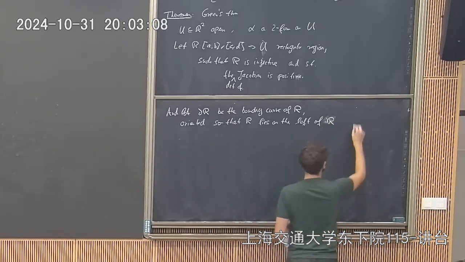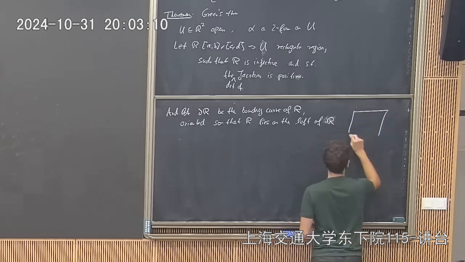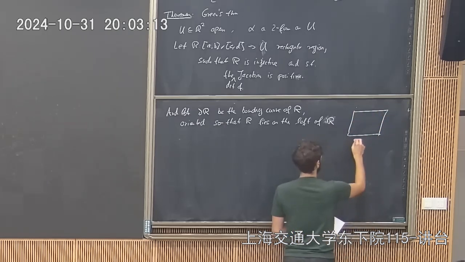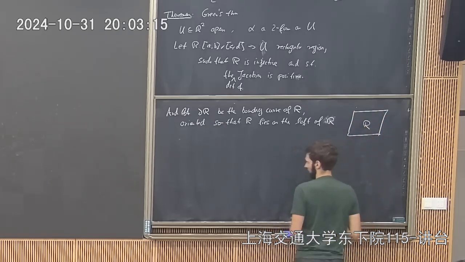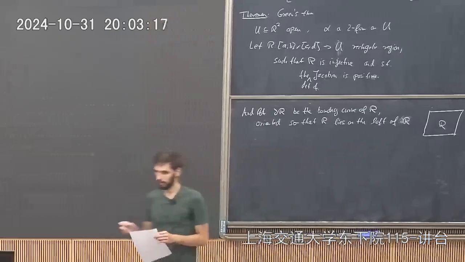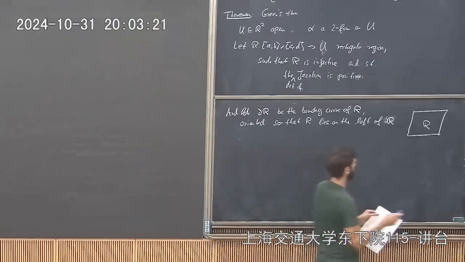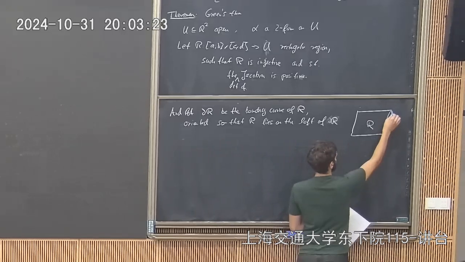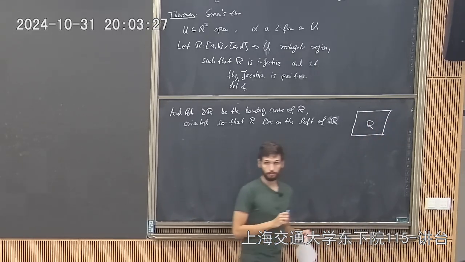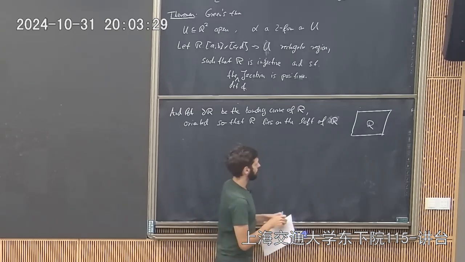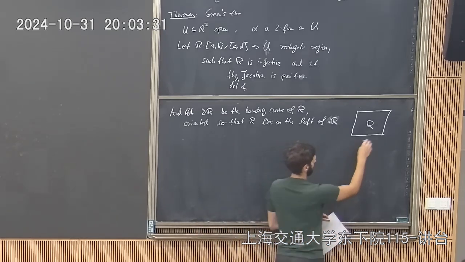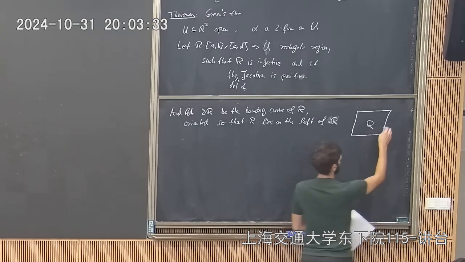So the picture, just like a lot of words: you have that to be R. And then you would like to have your boundary curve. You have two choices. You can either walk around it like this, or you walk around like this. Those are the two choices that you have for the boundary curve. And we would like to walk such that R is on the left.